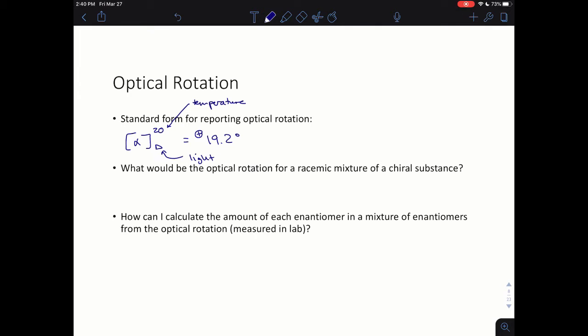All right, so let's think about what would be the optical rotation for a racemic mixture of a chiral substance. So if you have a racemic mixture, you have 50-50 of the plus and the minus enantiomer, whatever configuration they might be. So the plus enantiomer is going to rotate plane polarized light in one direction.